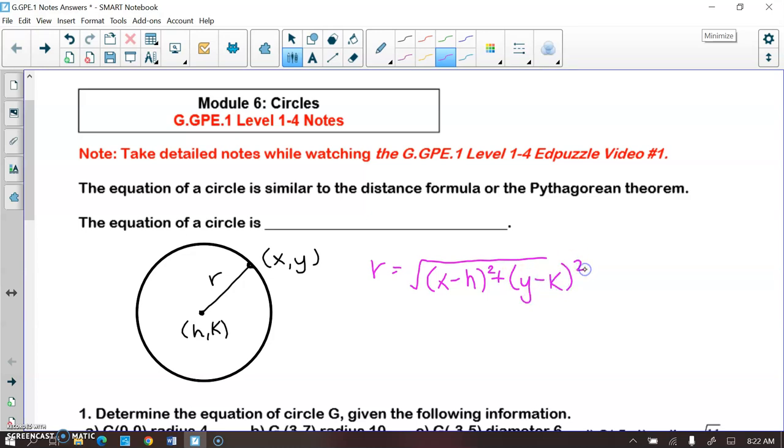Now, this is not the equation of a circle. The equation of the circle actually relies on you squaring both sides of the distance formula. So we would wind up with r squared is equal to, and what happens when we square the square root is that square root just goes away.